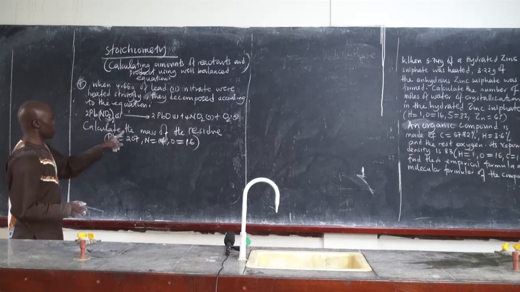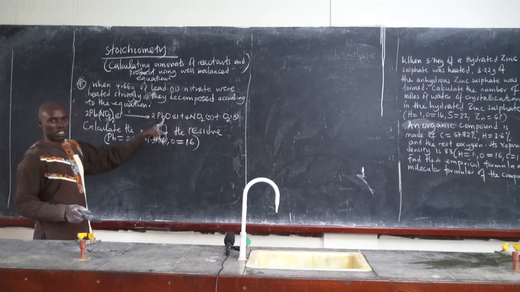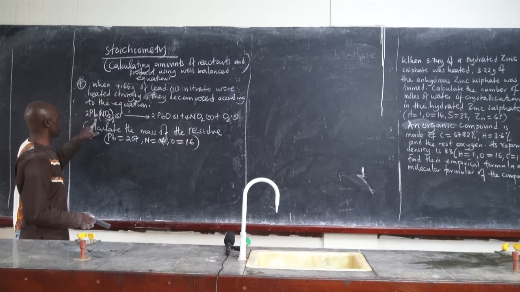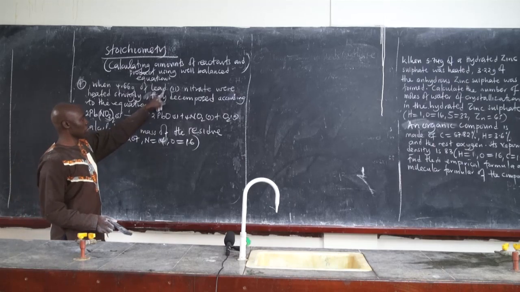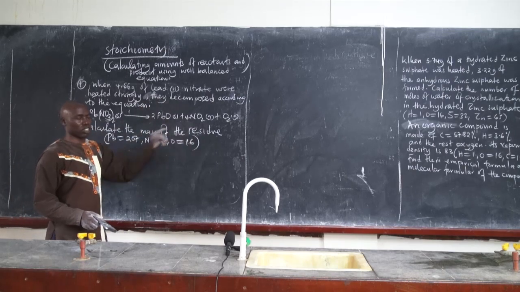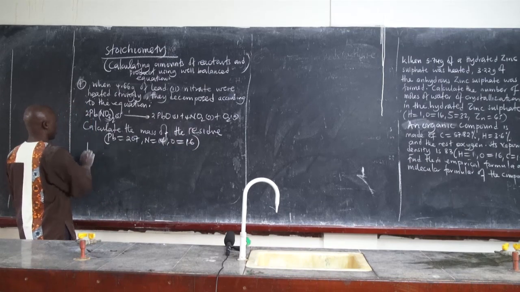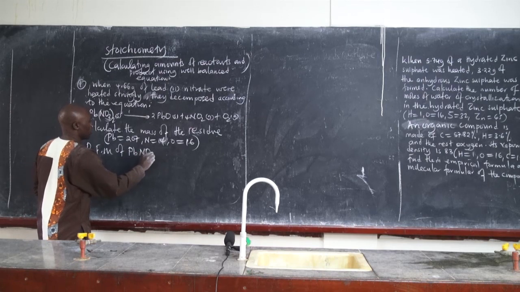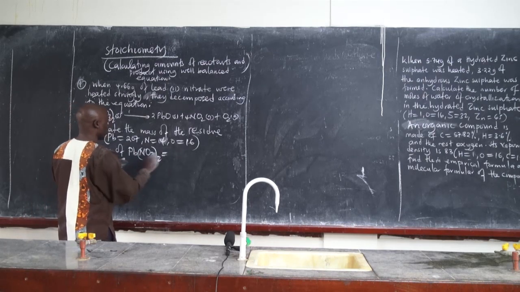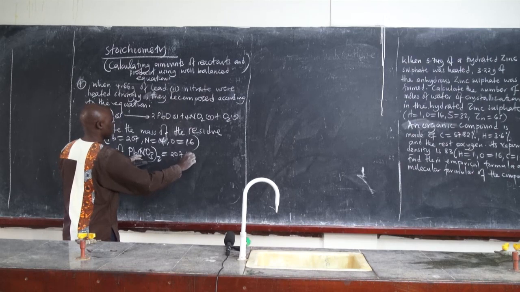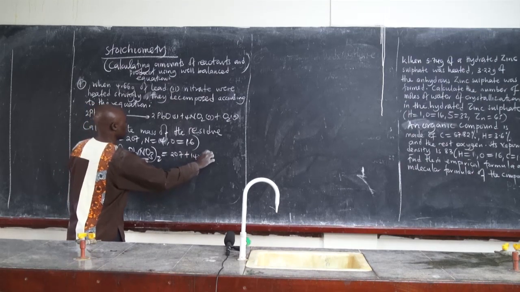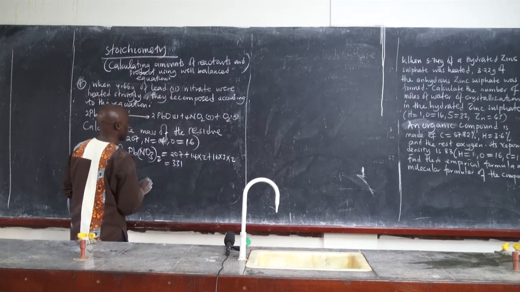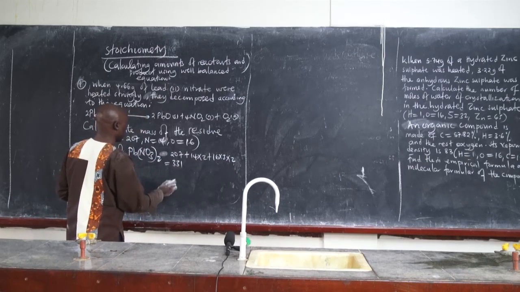Now, when you calculate the mass of the residue, the residue is lead II oxide, but remember the question gave you the mass of lead II nitrate. So we are going to relate lead II nitrate whose mass is given and lead II oxide whose mass is required. So you get both of their relative formula masses. RFM of lead II nitrate: lead is 207 plus nitrogen is 14 times 2 plus 16 times 3 times 2, which gives 331.